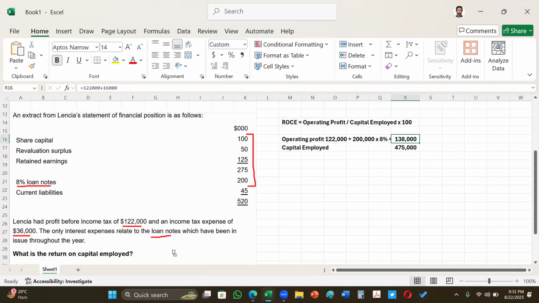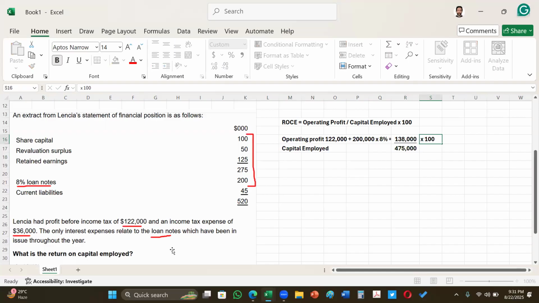We divide these two figures and multiply by 100 and we'll get the answer. So 138 divided by 475 multiplied by 100 is going to give us the answer. These figures are rounded, so let me unround it. So that is the final answer.